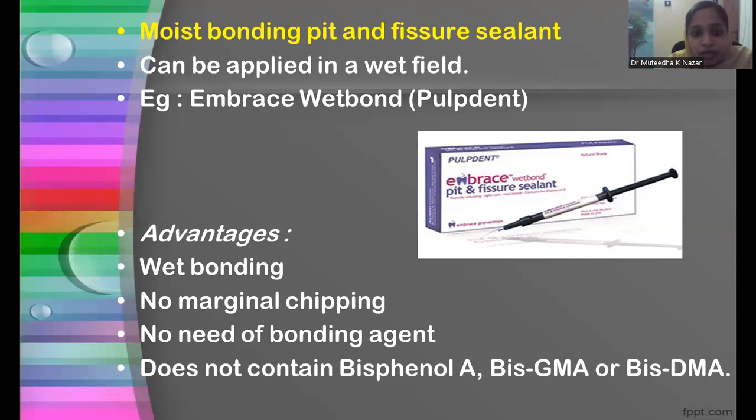Advantages of this sealant include wet bonding, no marginal chipping, and no need of applying a bonding agent. This type of sealant contains hydrophilic resin, whereas the other conventional sealants contain bisphenol A or bis-GMA or bis-DMA, which are hydrophobic resins.